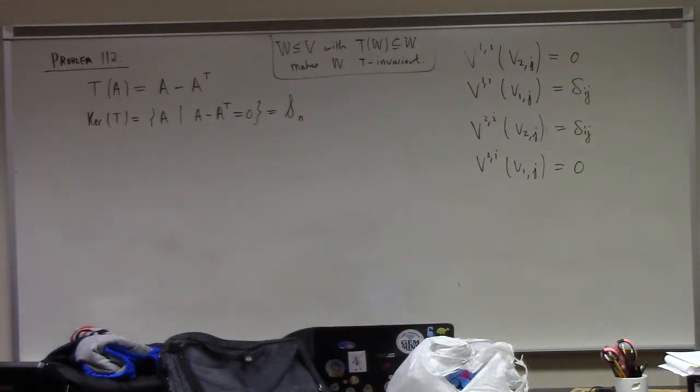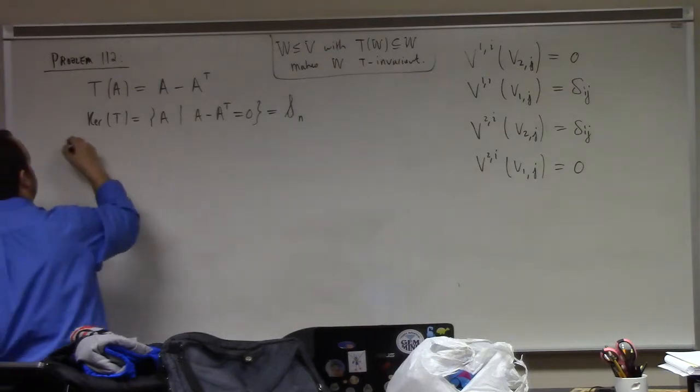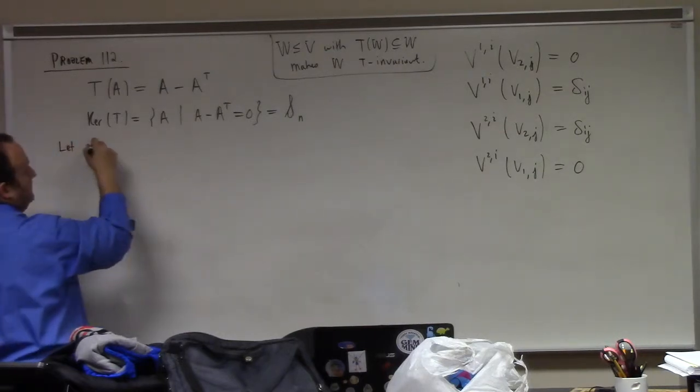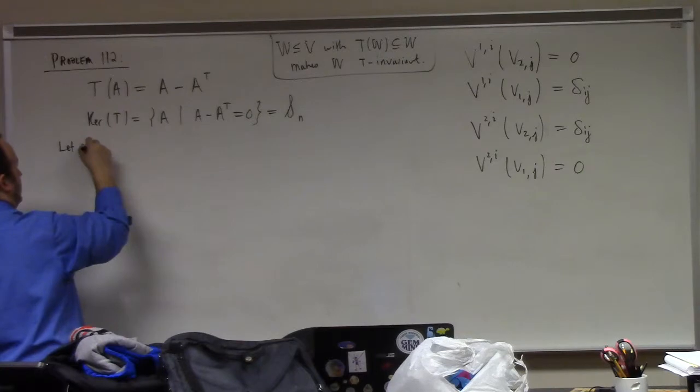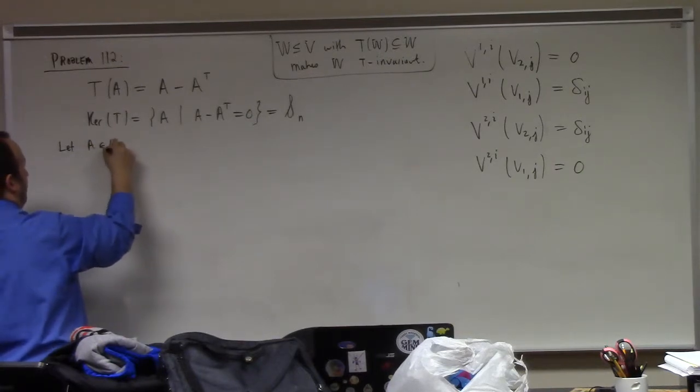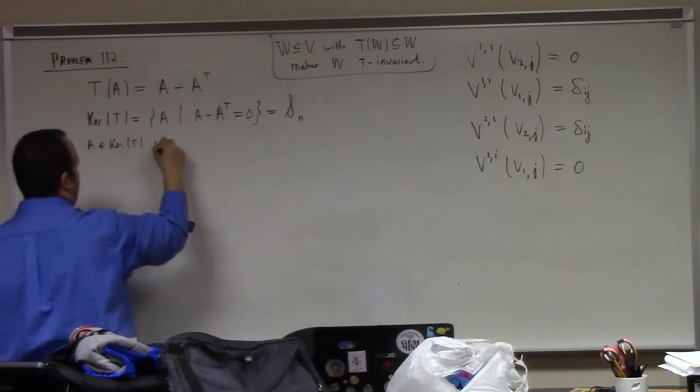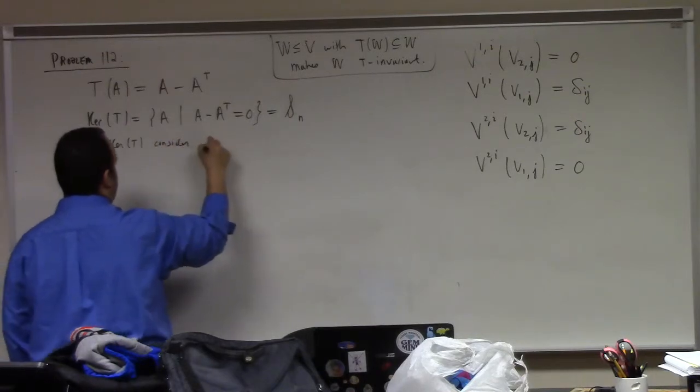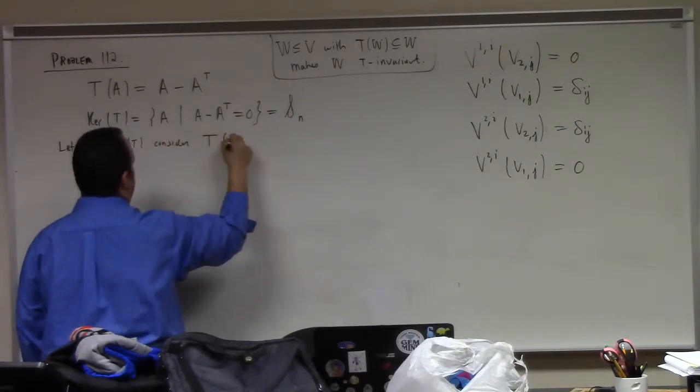And I would remind you that we proved that the kernel of any polynomial in T is an invariant subspace. So certainly the kernel is an invariant subspace as a specific case of that thing we proved in class, but we could also just prove it. So let A be in the kernel of T. Consider T of TA.